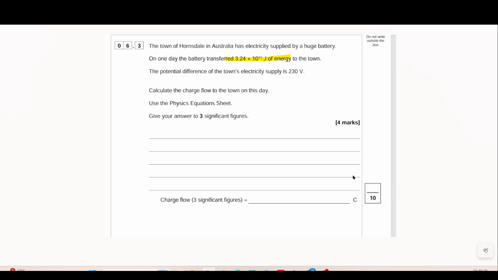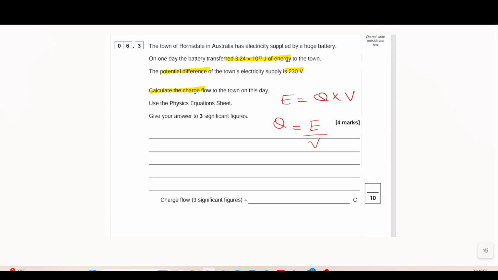Calculate the charge flow to the town on this day. Energy transferred equals charge flow times potential difference. Exactly, this is what we have to use. So charge flow equals energy transferred divided by potential difference.